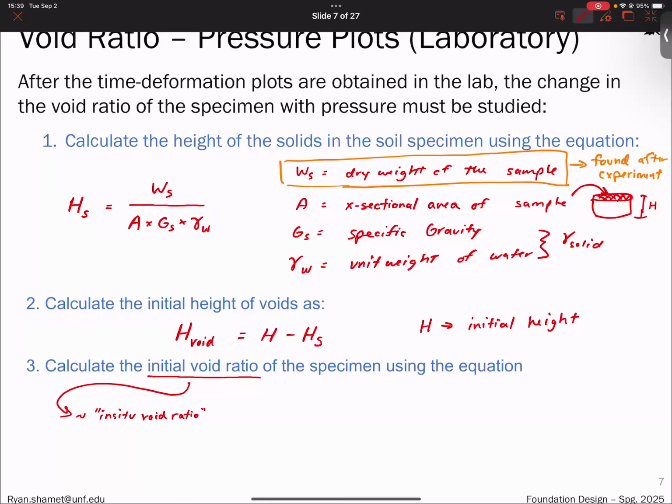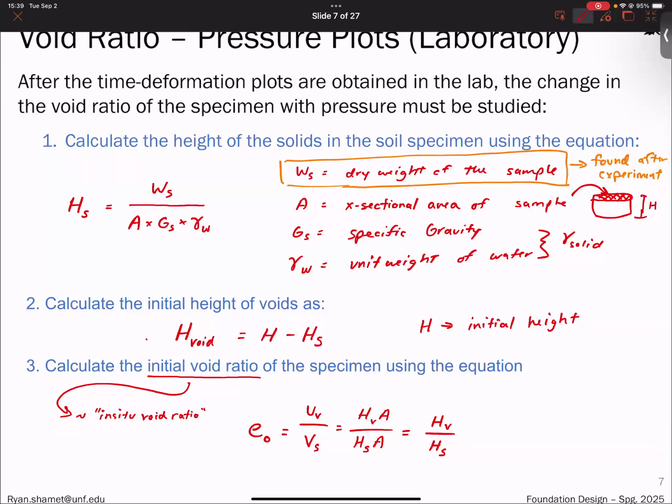Okay, so how do we find this? The initial void ratio, e naught, is the volume of voids divided by the volume of the solid portion. Since volume is just height times the area of our sample, the area cancels out, and you can calculate it by finding the height of the voids divided by the height of the solid.